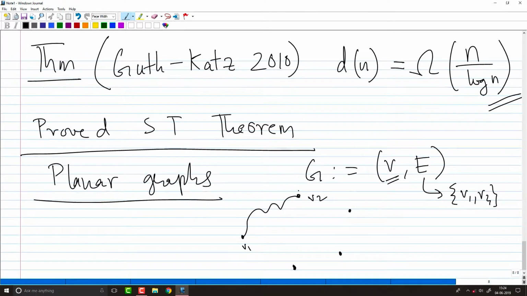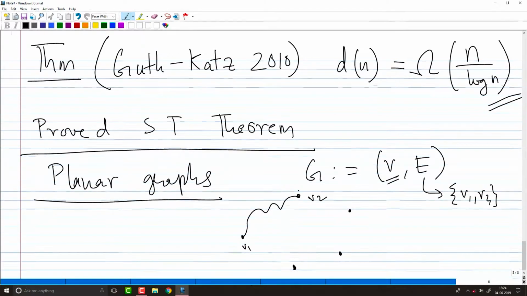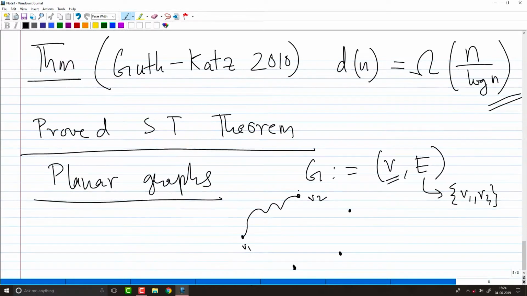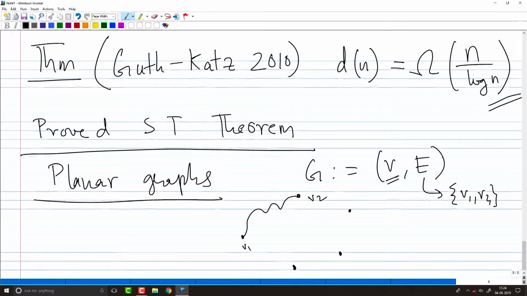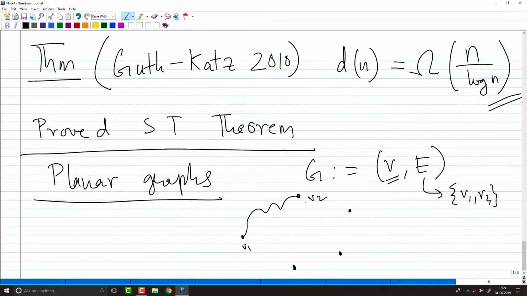Ideally, you want simple curves; they do not have to be straight lines. So when I have a planar graph, I can have points in the plane corresponding to the vertices, and edges will be curves connecting the dots, and no 2 curves should cross each other.